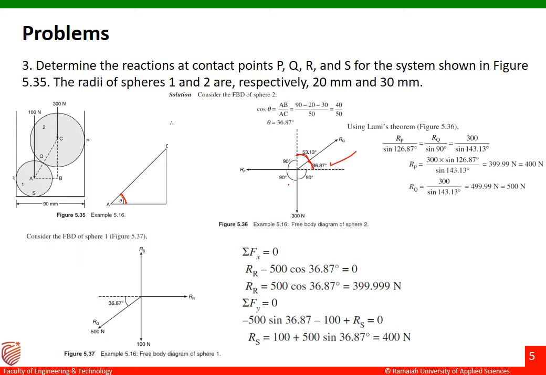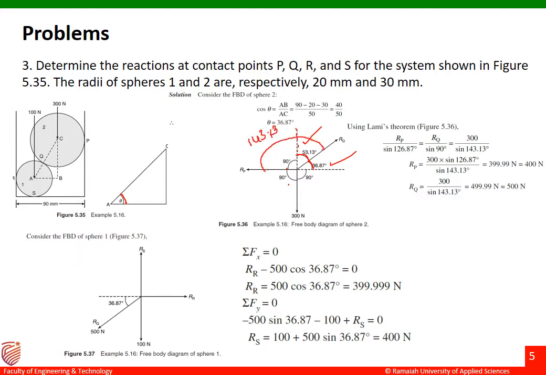If this is 36.87, this will become 90 minus 36.87, that is 53.13 degrees. And then I'll draw a perpendicular here, like a dotted line, and this is 90. The angle between RP and RQ is 90 plus 53.13, that is 143.13 degrees.